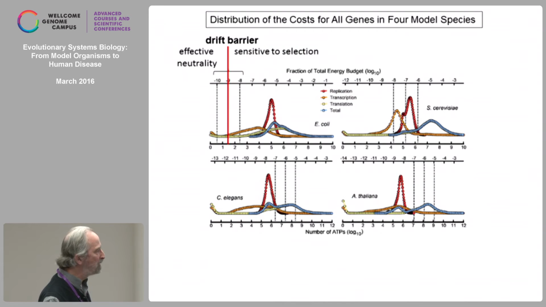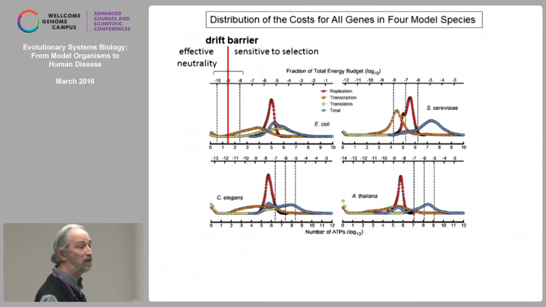And so now these peaks are no longer to the right of the power of random genetic drift, they're to the left. So what this is saying is, for example, in Arabidopsis, you could put a segment of DNA up to 100,000 bases or so, not expressed, so it's not making a toxic product. But the bioenergetic cost would be small enough that Arabidopsis would never feel it.